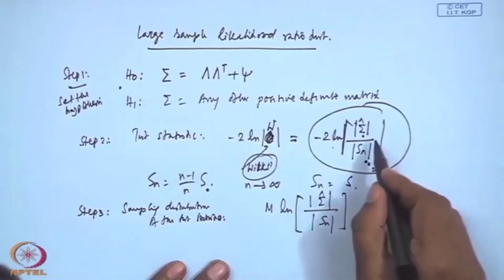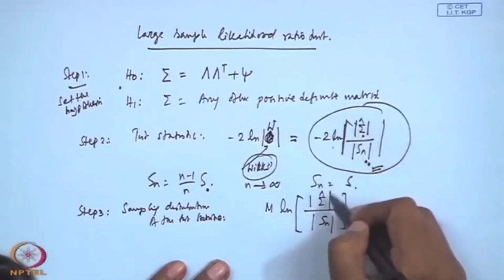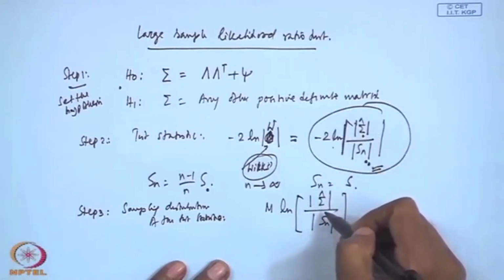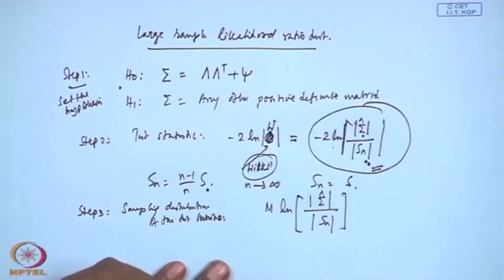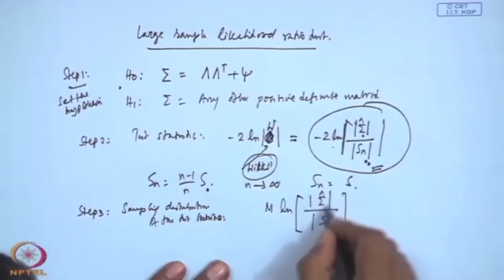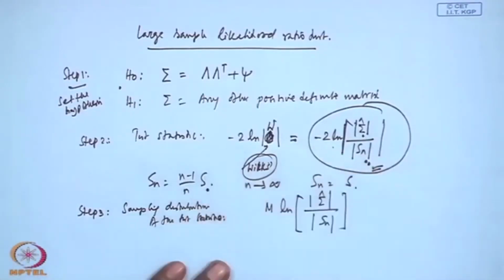Please keep in mind that we are writing the estimate value here, sigma, because this is our random component here.